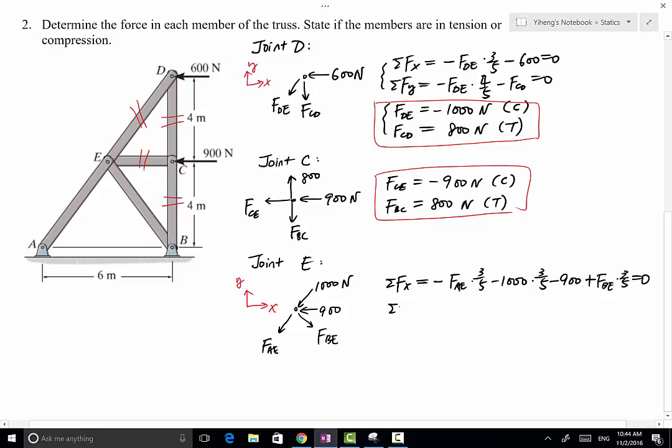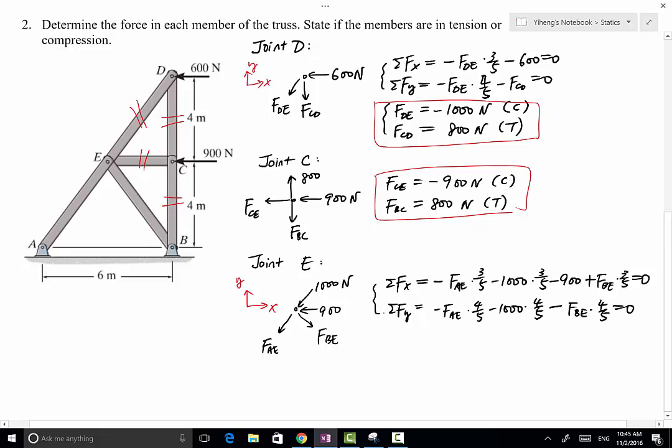All right, resultant force along the Y direction. Both FAE and the 1,000 Newton force have negative components along the Y direction, 4/5, and then FBE also has a negative component along the Y direction.